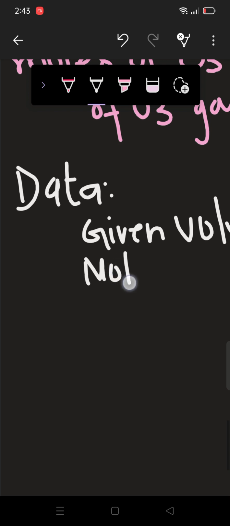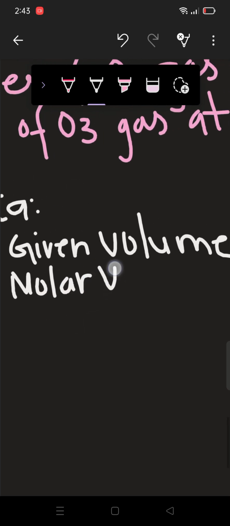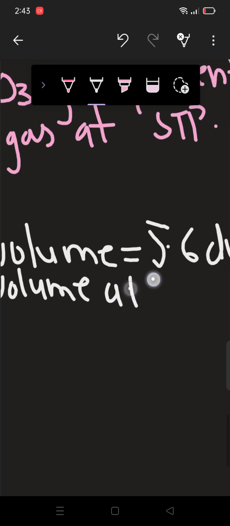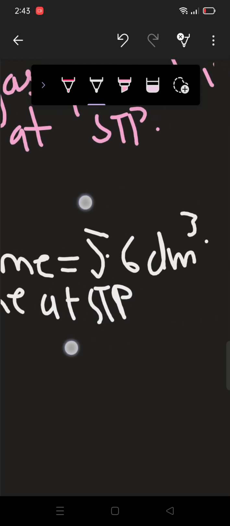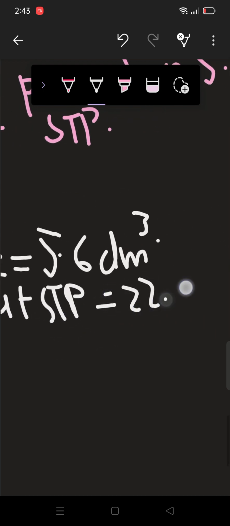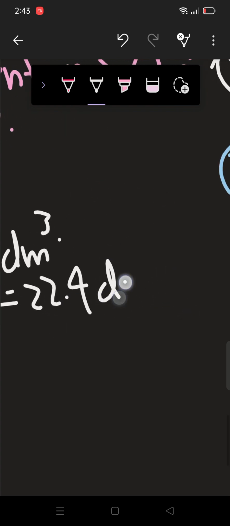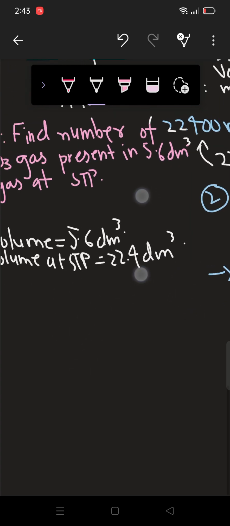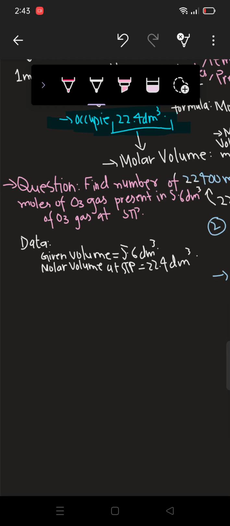So molar volume at STP is always 22.4 decimeter cube for any ideal gas at STP. So we have now made the data: given volume is equal to 5.6 dm cube, and molar volume is equal to 22.4 dm cube.